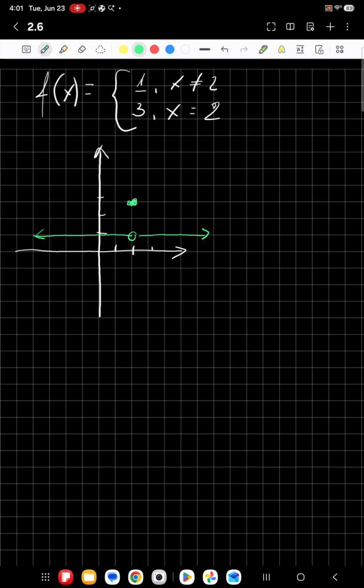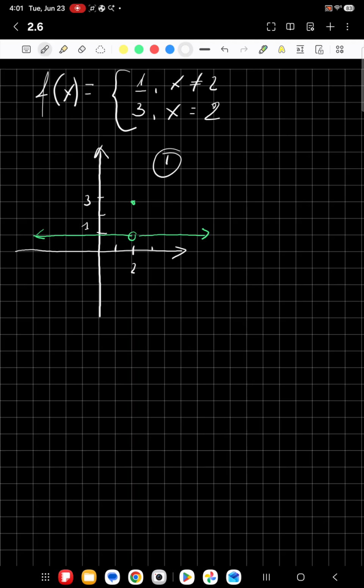Okay, so let's check those conditions. So this is 3, this is 1, and this is 2. The first condition was that the function needs to be defined, right?